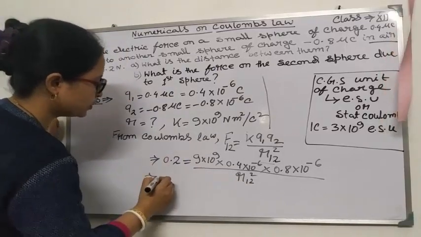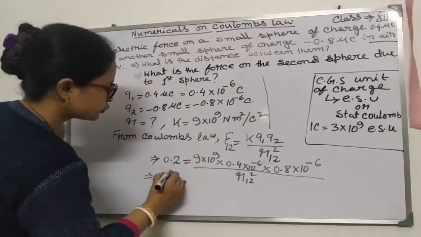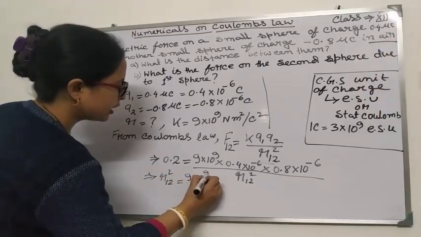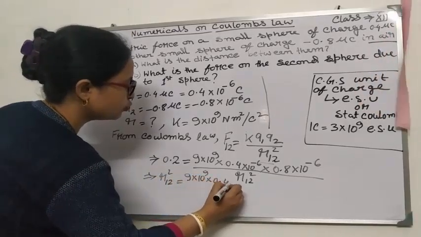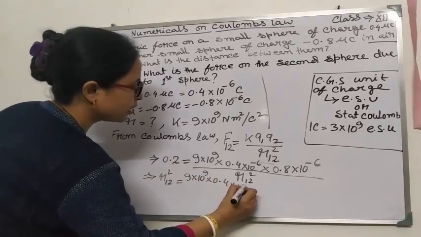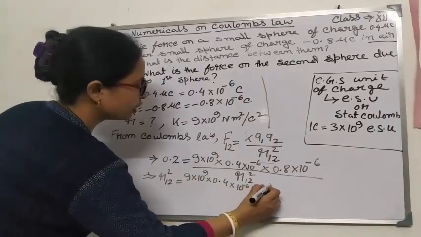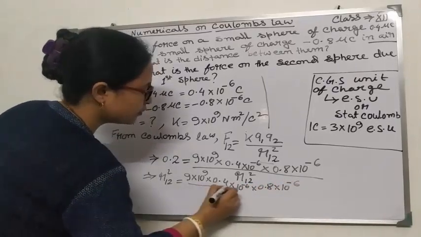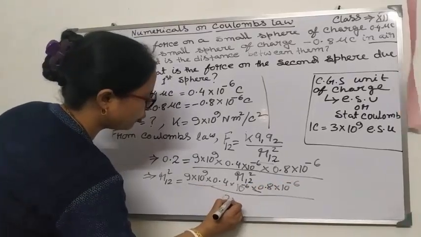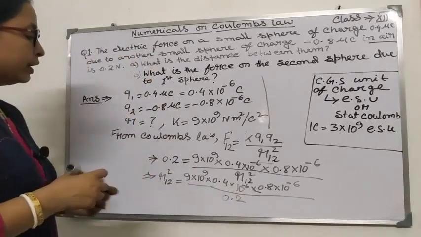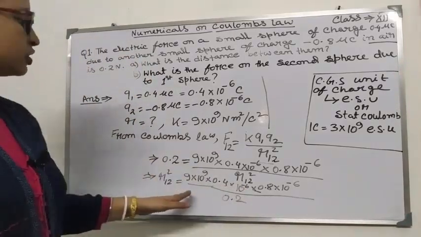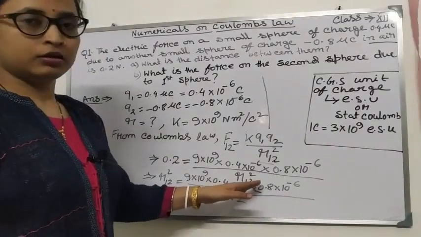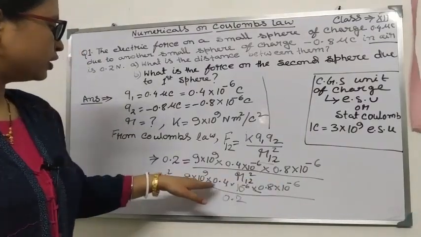Now you have to find the value of R12. So do cross multiplication. R12 square is equal to 9 into 10 to the power 9 into 0.4 into 10 to the power minus 6 into 0.8 into 10 to the power minus 6 divided by 0.2. Now for such kind of calculation, first do the calculation for the 10 to the power values.